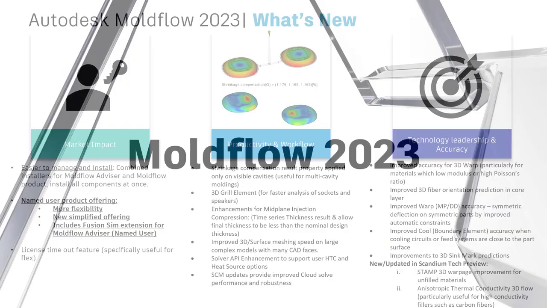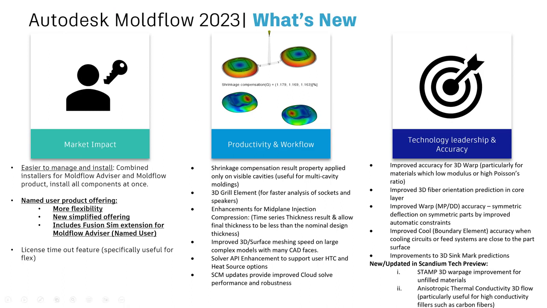With that, I'd like to get started with the areas that the Autodesk division has always been focusing on. The market impact talks about the way we are doing the installation, the ease of use, the simplification of the licensing and the introduction of the Moldflow named user.